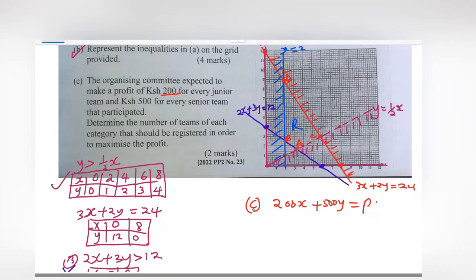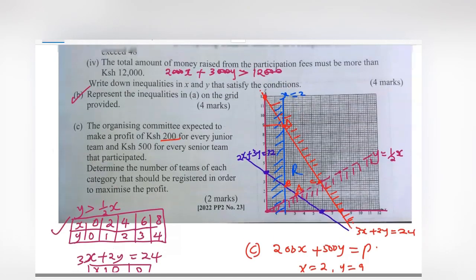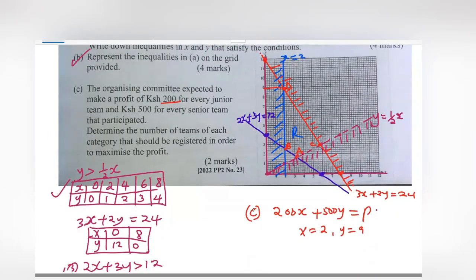But you realize if we pick a point on D, we are going to have 9 for Y and 2 for X. That means if X is going to be 2 and Y is going to be equal to 9, it means we are going to have 2 junior teams and 9 senior teams.